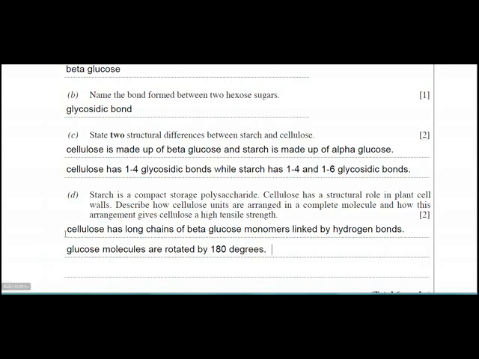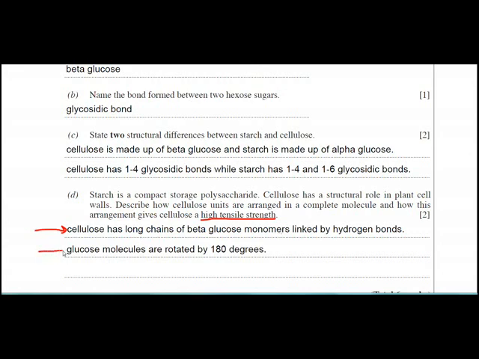Okay, so in our answer then, cellulose has long straight chains of beta-glucose monomers linked by hydrogen bonds. That answers the high tensile strength part of the question. It's the hydrogen bonds that give the high tensile strength in cellulose.